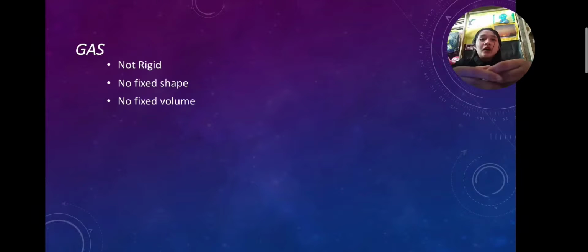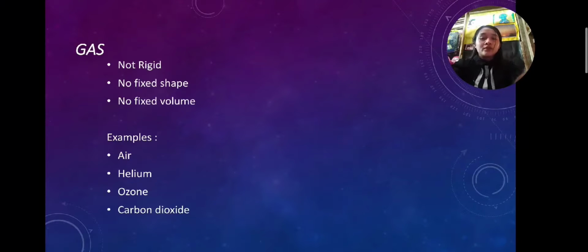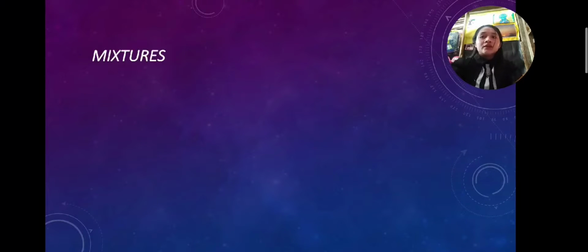Because of this, gas not only conforms to the shape of its container, it also expands to completely fill the container. Examples are air and helium. Helium is the gas used in balloons to make them inflate. And then we have ozone and carbon dioxide.